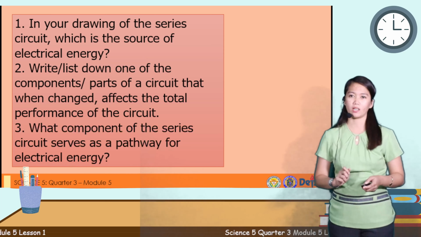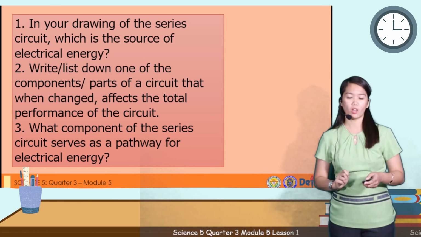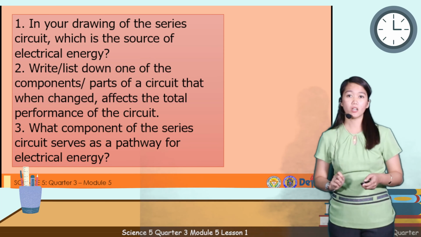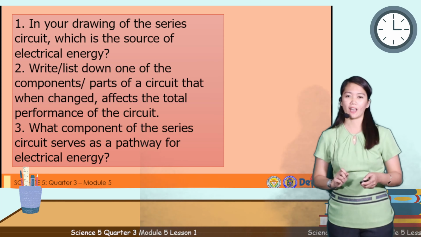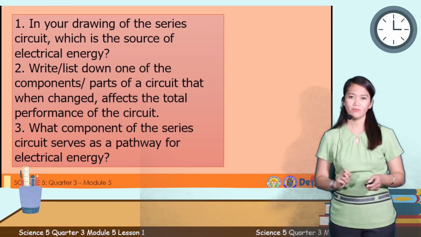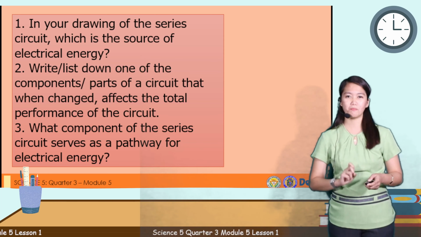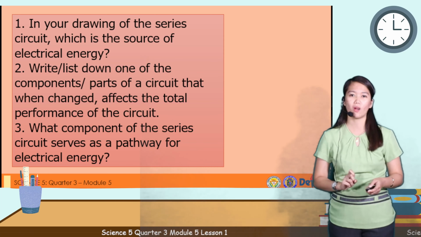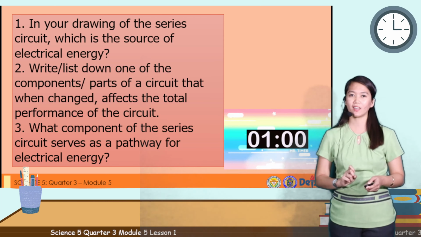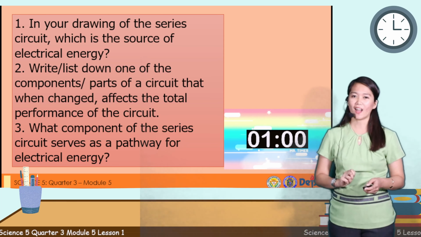And the last one, what component of the series circuit serves as a pathway of electrical energy? Okay, so you have, again, 1 minute to answer these questions. And your time starts now.